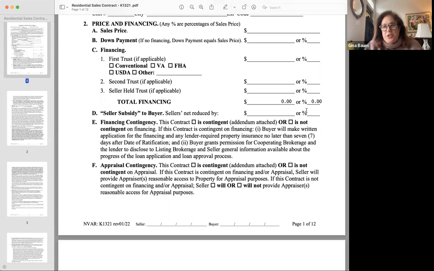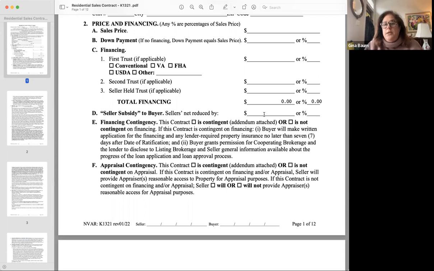That is for sure a 1 or a 2. It's in the contract, you have to give it to them. And so some agents have been tripped up by that and had to come to the closing with a credit to the seller because they didn't notice the 1% subsidy that was going to the buyer.